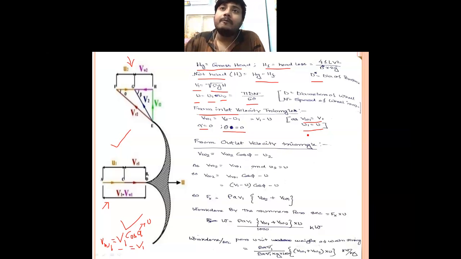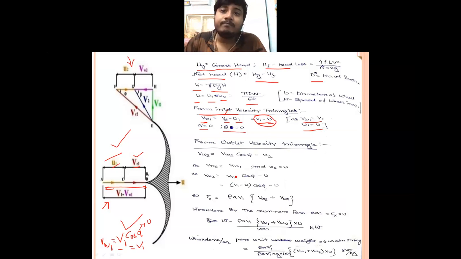VR1 is equal to the total minus this small portion, that is U. So VR1 is equal to VW1 minus U1. Now VW1 is the same as V1 and U1 is the same as U, so VR1 comes as V1 minus U. You have to remember this.